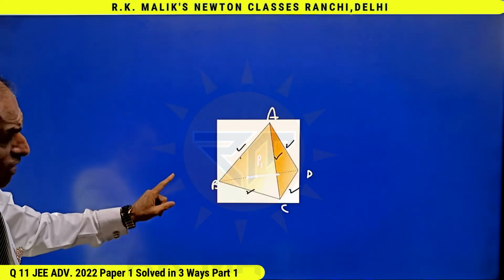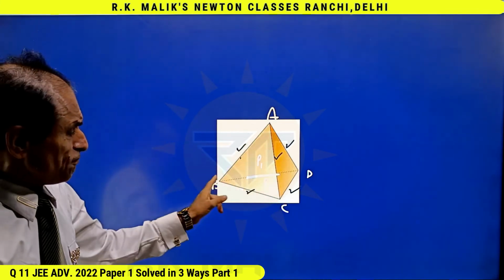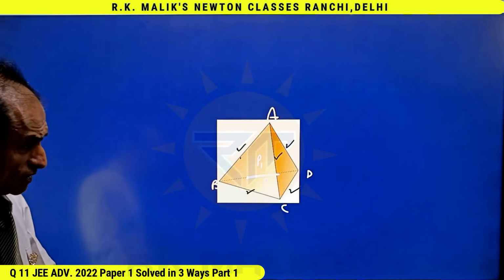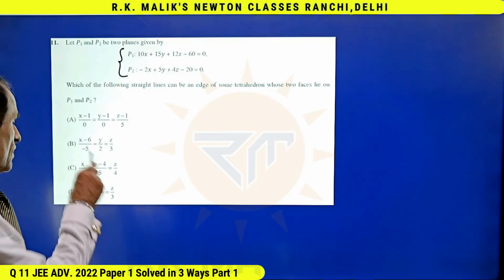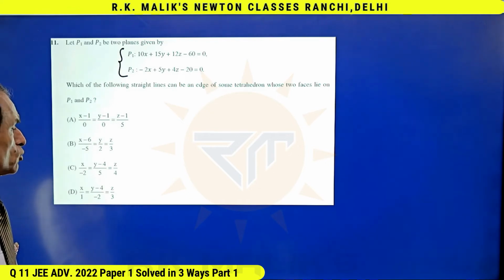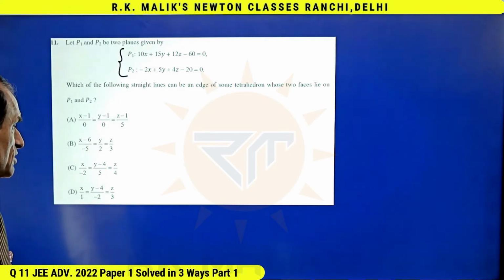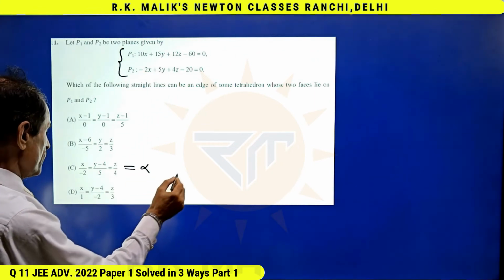Hence, this line cannot be an edge of the type AB, AD, BC or CD. It can become an edge of the type AC if this line cuts both the planes at two distinct points. Again, to find the point of intersection, we suppose it equal to alpha.